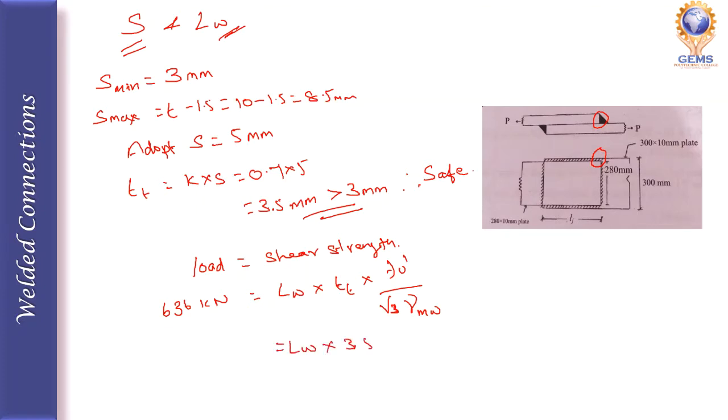So Lw we don't know. Tt is 3.5. What is Fu dash? The question says we are using 410 grade of steel. So Fu value is 410 divided by root 3 into the partial safety factor.